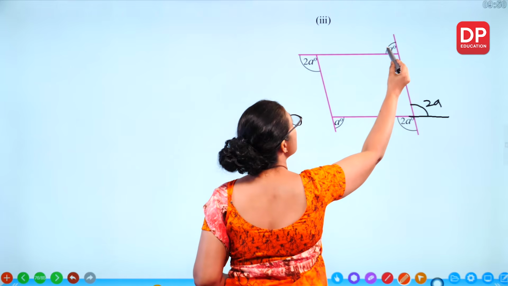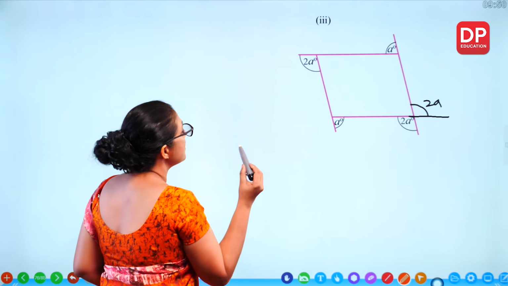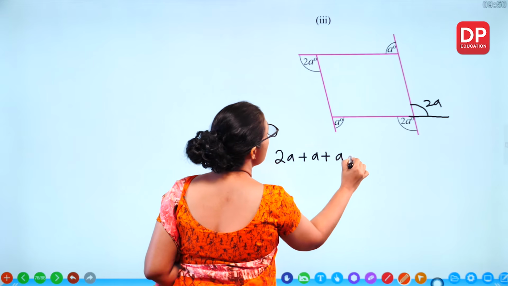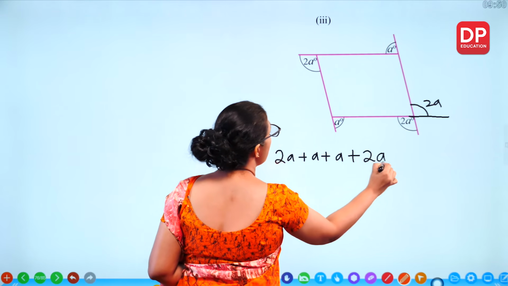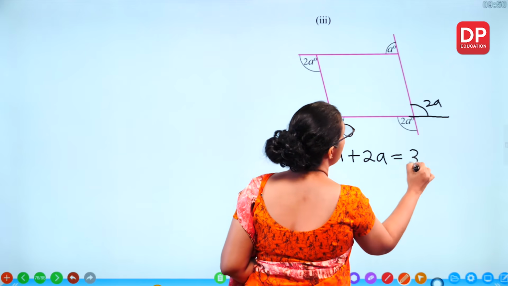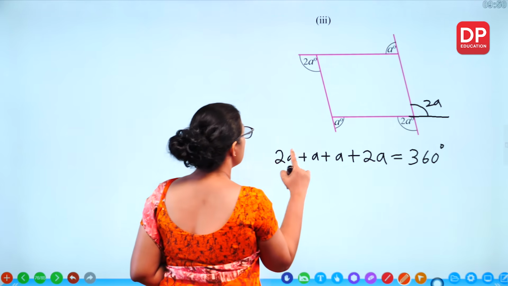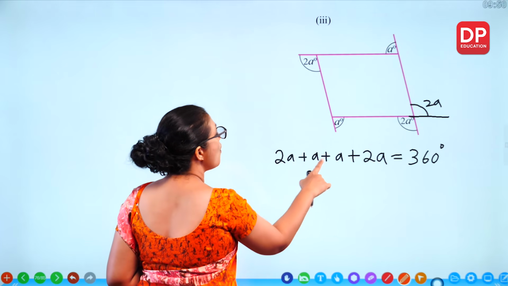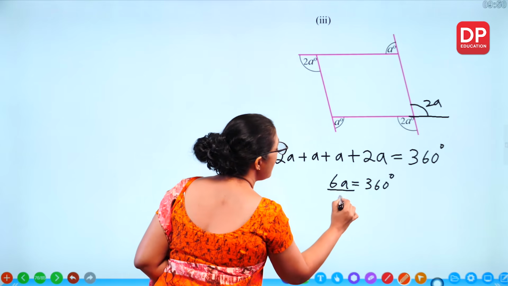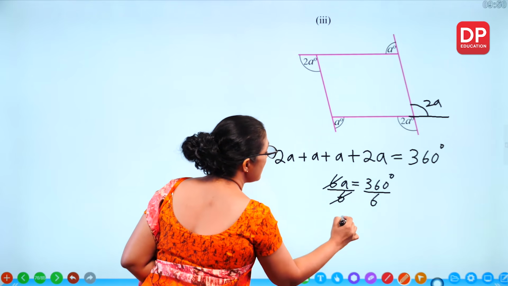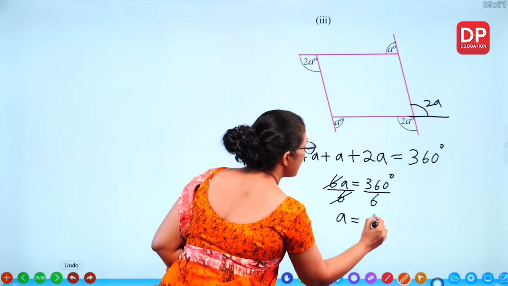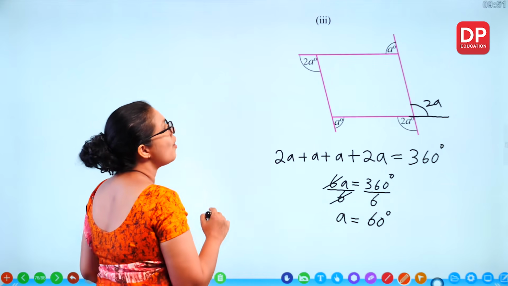Then when you extend this line, this is A. Now, take the sum. 2A plus A plus A plus 2A is equal to 360 degrees. 2 plus 2, 4, 4 and 2, 6A equals 360. Divide this by 6, what do you get? A equals 360 divided by 6, you get 60 degrees for A value.